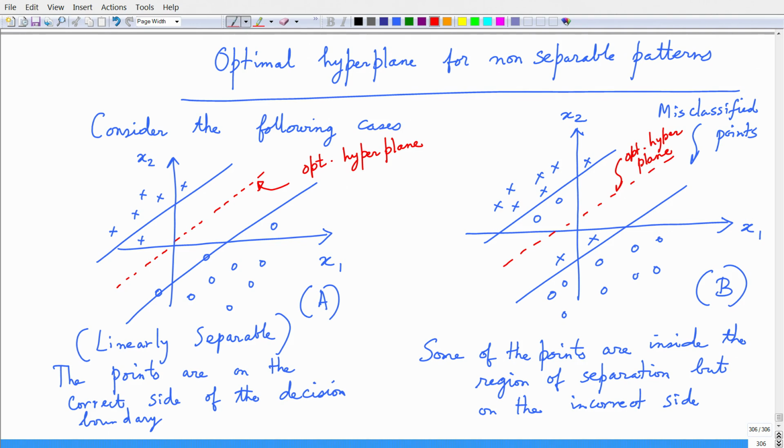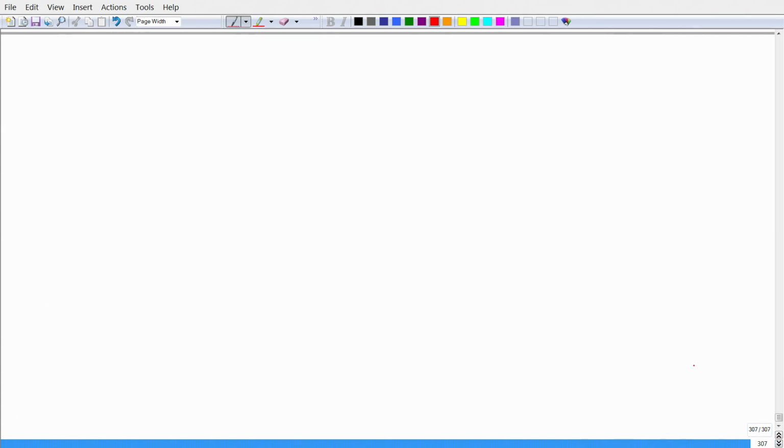Now, given this situation, we are interested in a formal treatment for non-separable data points.